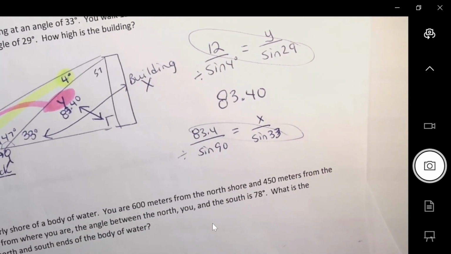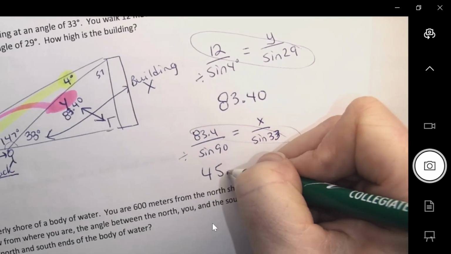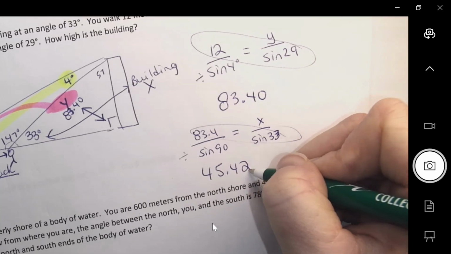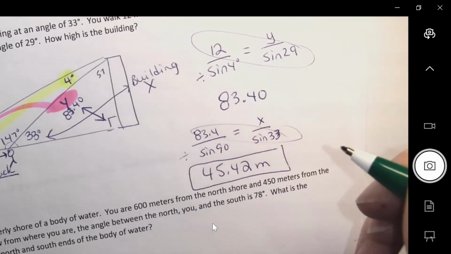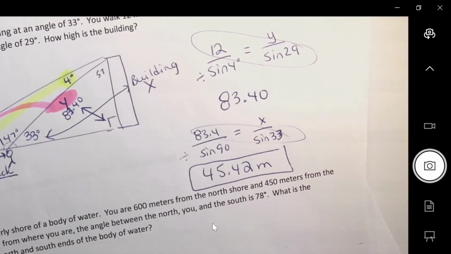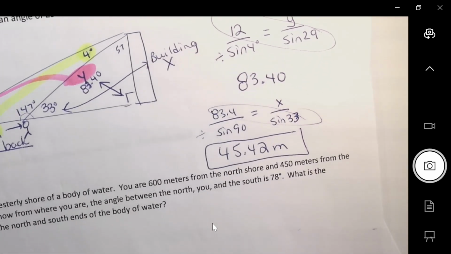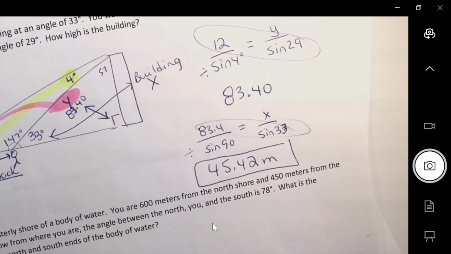And then you get to do a times divide again. Okay, so sine law, pairs.